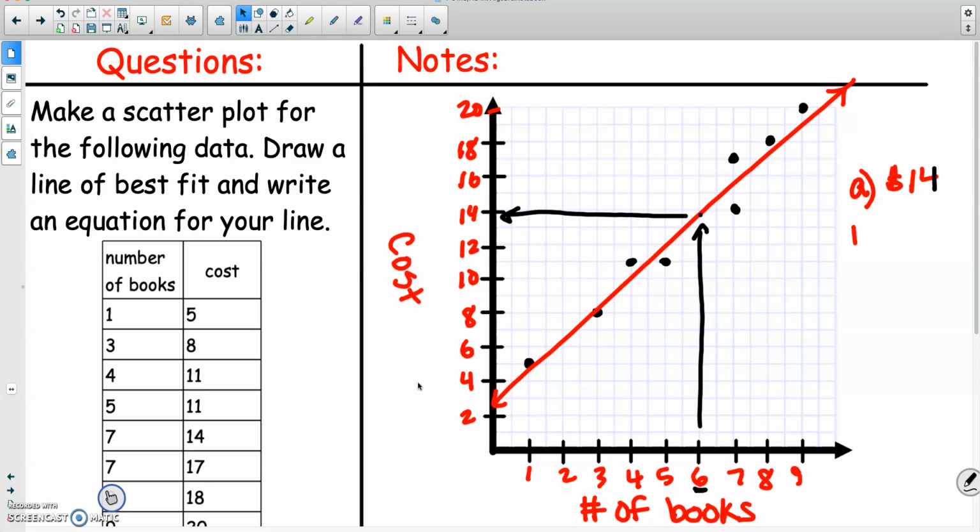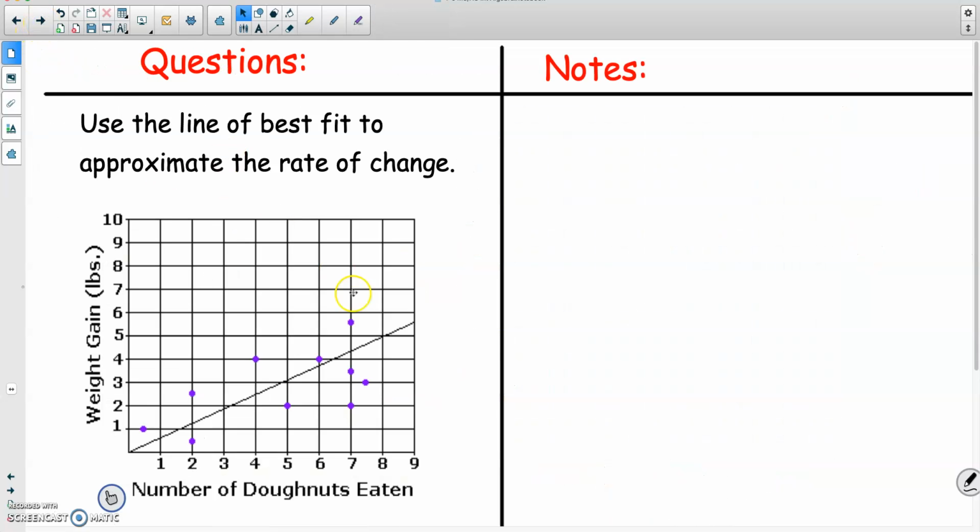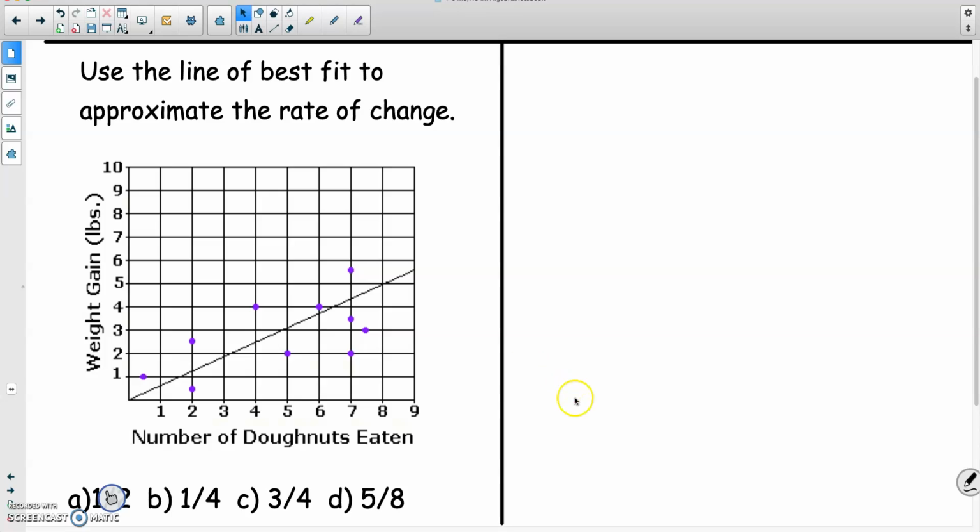And then for part B, if you have $10, so now here's my $10. If I go over to my graph right here and go down, I'm going to say 4 books. Okay. So make a scatter plot, draw a line of best fit, and then answer the questions.